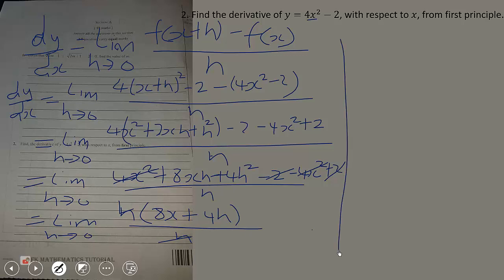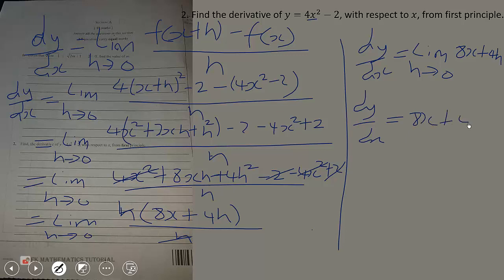So our dy dx will be equal to the limit as h approaches 0 of 8x plus 4h. As h approaches 0, dy dx will be equal to 8x plus 4 times 0. So that will give us 8x. So that is dy dx for you.